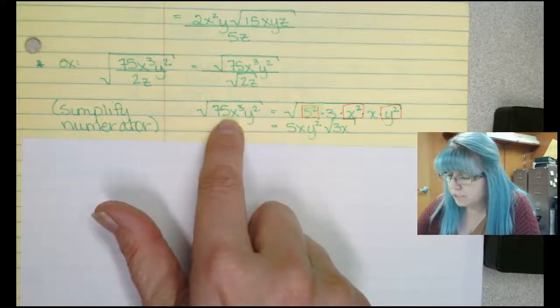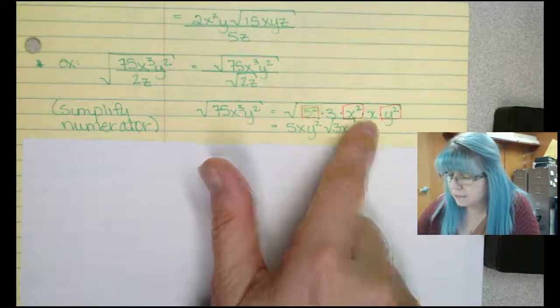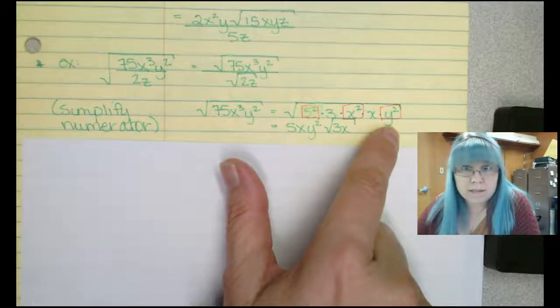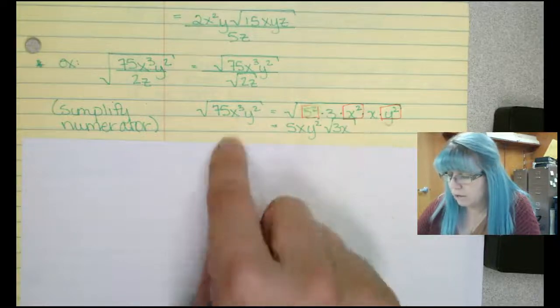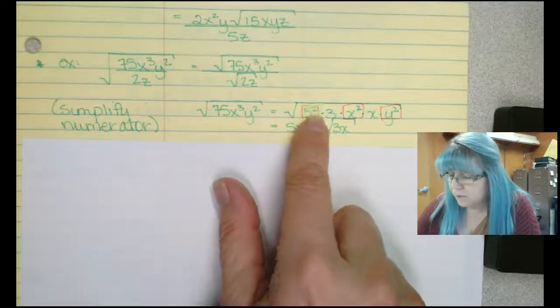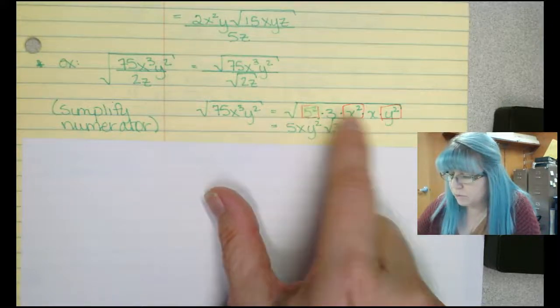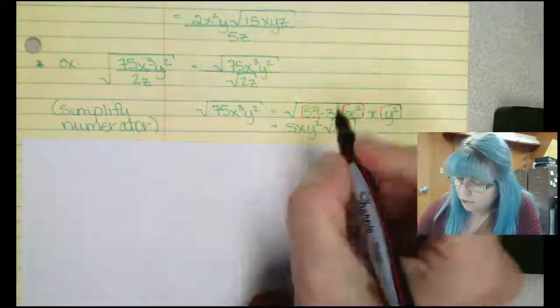X cubed can be broken down into x squared times x. Y squared is just y squared. Anything with a 2 power can be brought out of the radical. The square root of 5 squared is 5, the square root of x squared is x, and the square root of y squared is y.